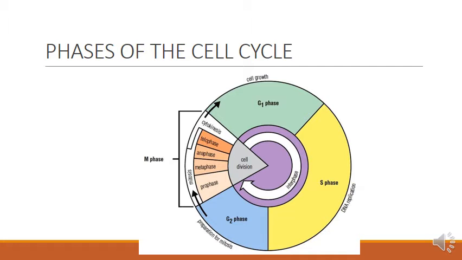In eukaryotes, this occurs in an ordered progression of events during the cell's lifespan, or cell cycle. The initial event in the cell cycle is the growth and increase in cell mass that occurs following cell division. This picture shows the phases of the cell cycle.